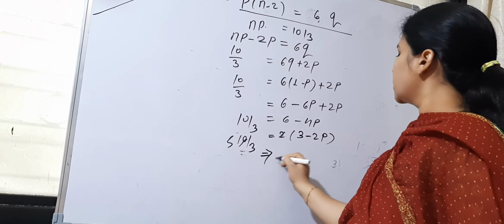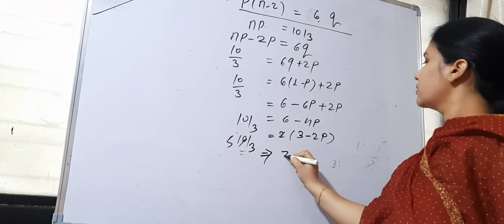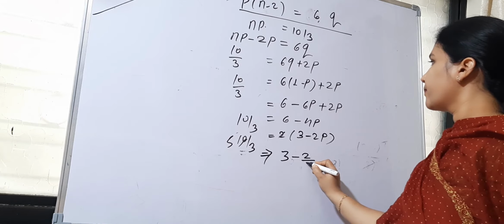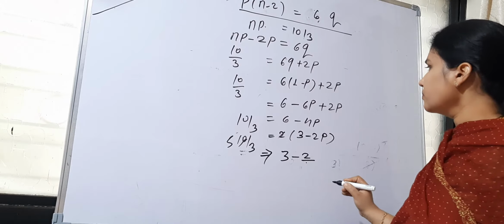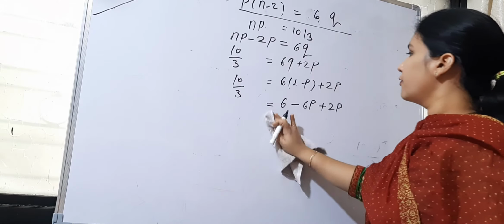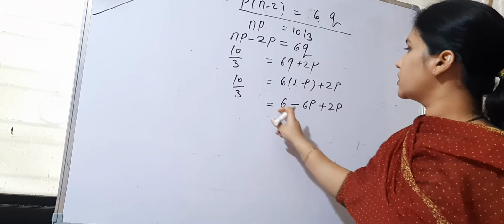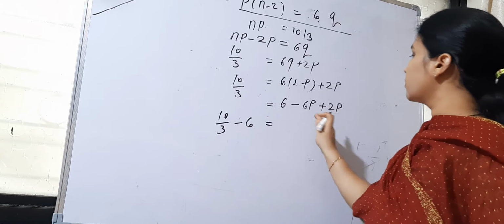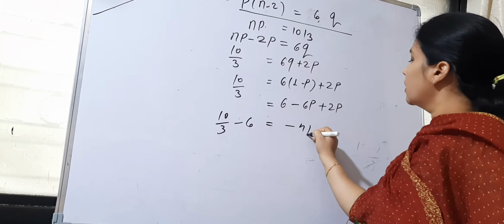So what is the equation? Now 3 minus 2p. Wait, from here, if I shift this 6 here, it will become minus 10 by 3 minus 6 is equal to minus 6p plus 2p, minus 4p.